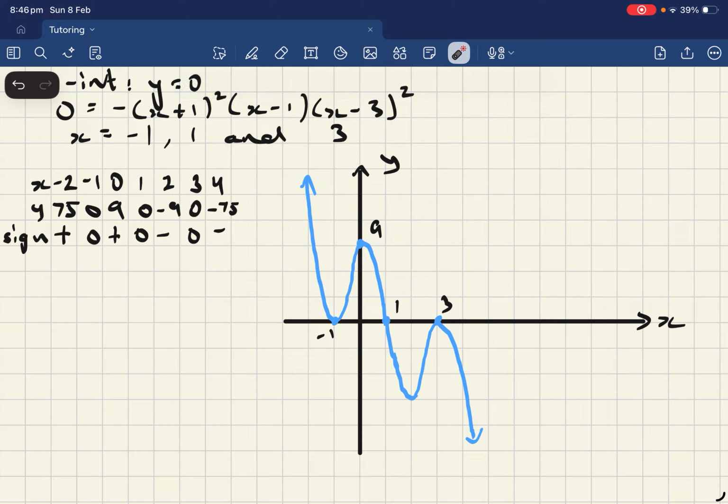You can see our table of signs helps us to kind of draw this. We have our significant points here that I label in. I know the curve's going to pass through them. And by substituting into this table of values, I know when the y value is going to be positive, 0, or negative, and that gives me enough information to draw a rough sketch of this.